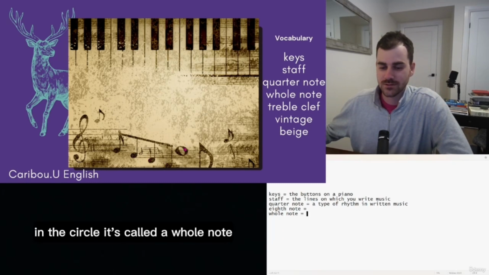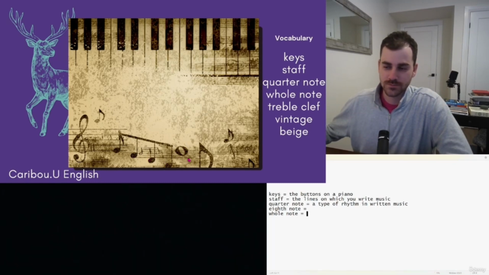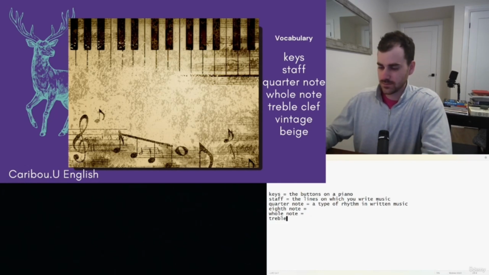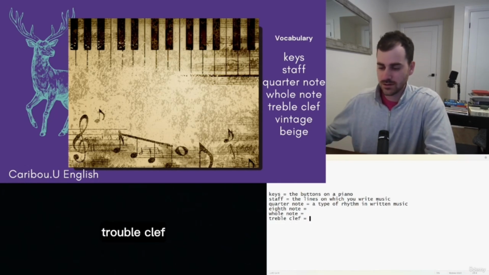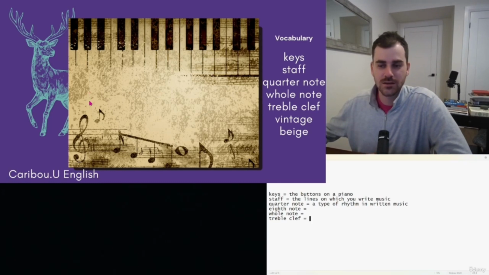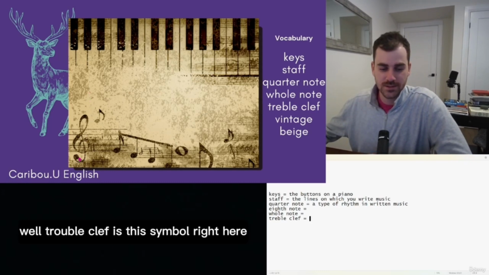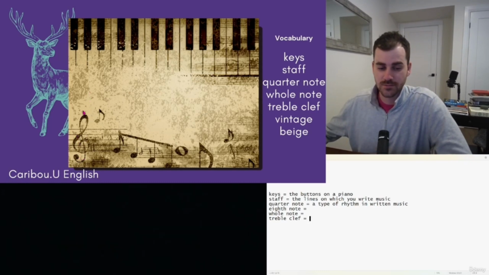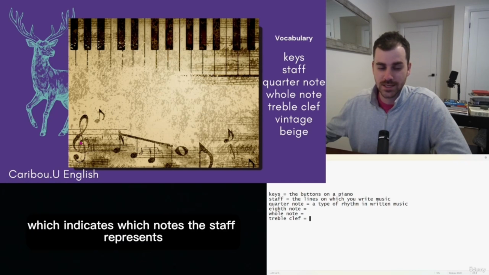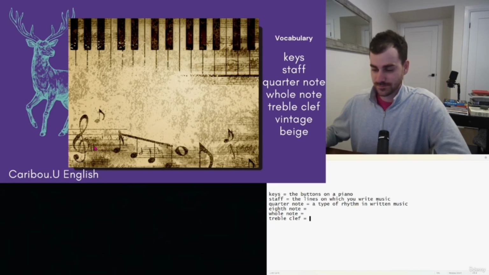In the circle, it's called a whole note. Treble clef. Well, treble clef is this symbol right here, which indicates which notes the staff represents.